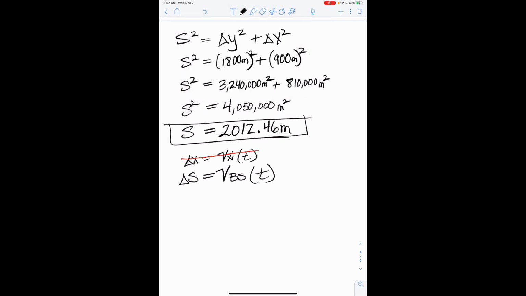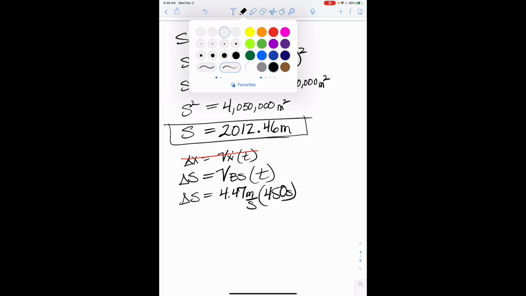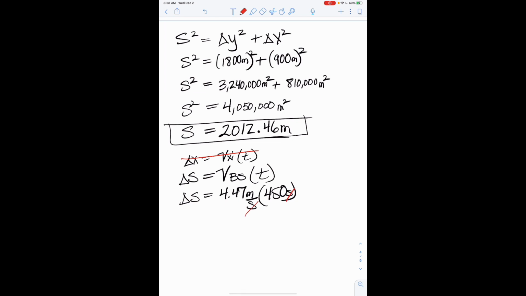Okay, so if we do that, then delta S is equal to 4.47 meters per second times 450 seconds. This way is a lot easier because I'm not going to have to square those crazy numbers. You can call this S if you want, or delta S. Once again, S just stands for spatial position. All right, so 4.47 times 450 is going to give us 2011.5.